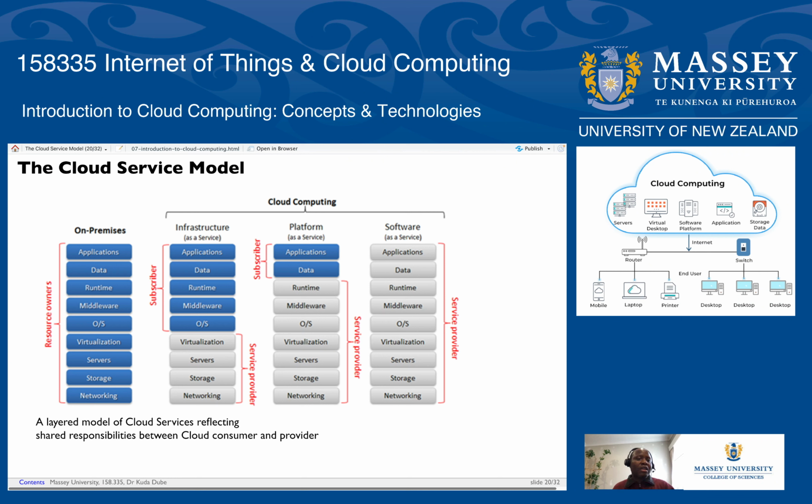Let's start looking at the first layered architecture there, which is labeled on premises. Normally the organization or the customer is responsible for all layers from networking, storage, servers, virtualization, operating system, middleware, runtime, data, and applications.